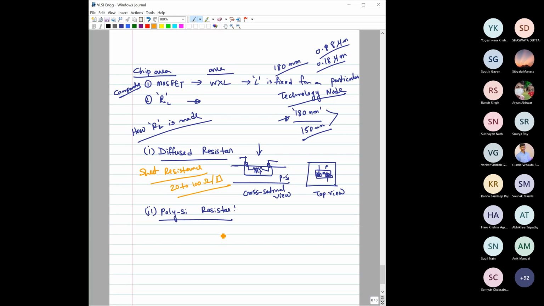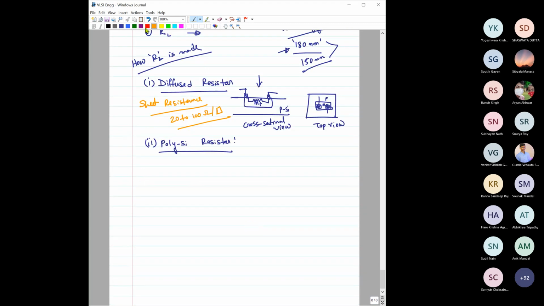Whereas for polysilicon, how is it made? It is something like this. You have a silicon wafer, then on top of it you deposit polysilicon, say of N type or maybe P type, depending on use, and make a contact between these two terminals.